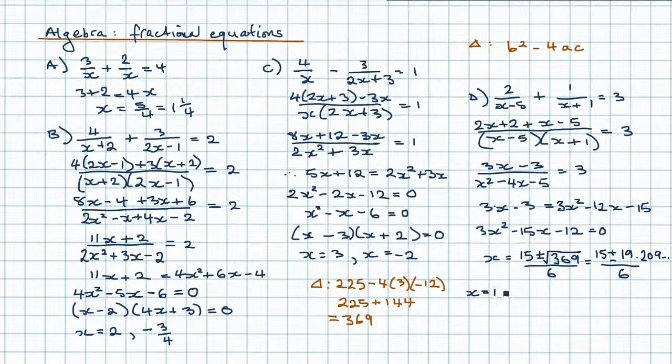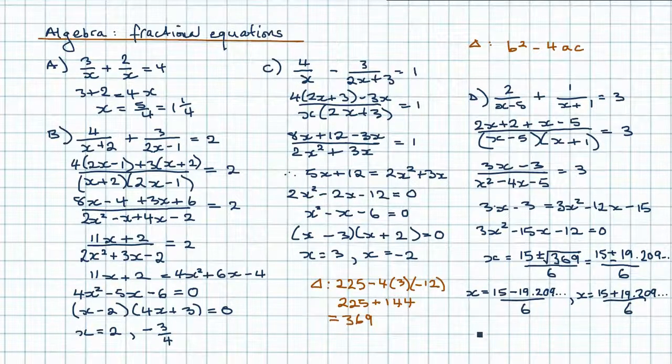So we've got minus 19.209 divided by 6. Or x equals 15 plus 19.209. Now obviously I could have skipped a step here, but I just wanted to show these two solutions very clearly before I simply gave the answer.